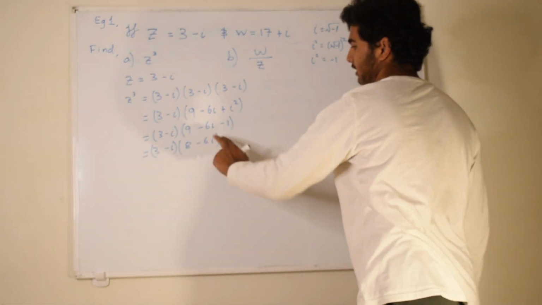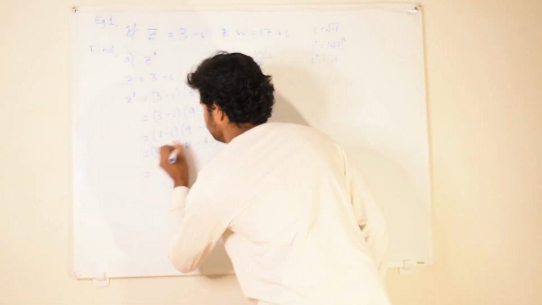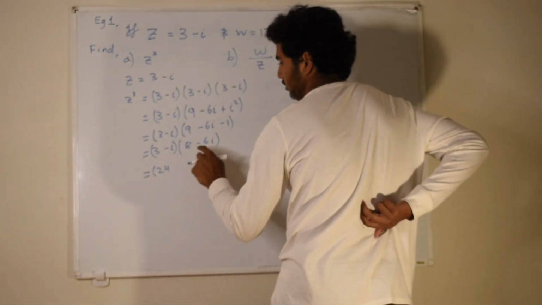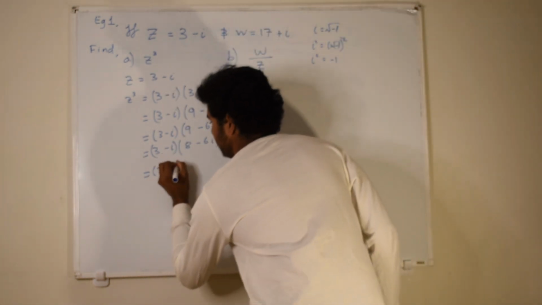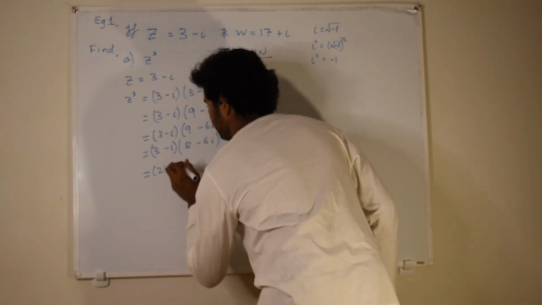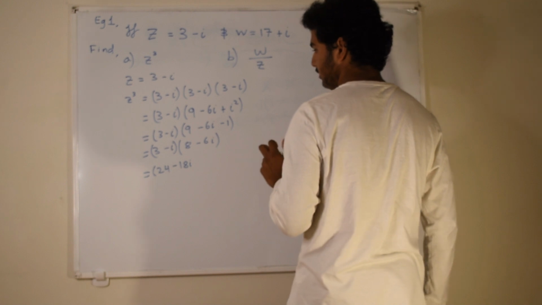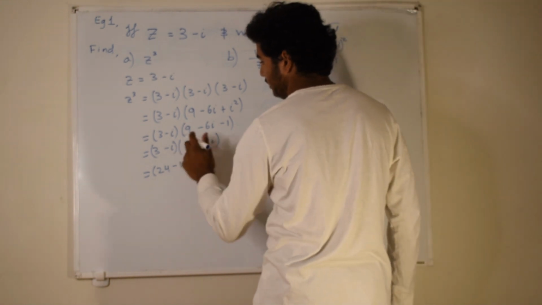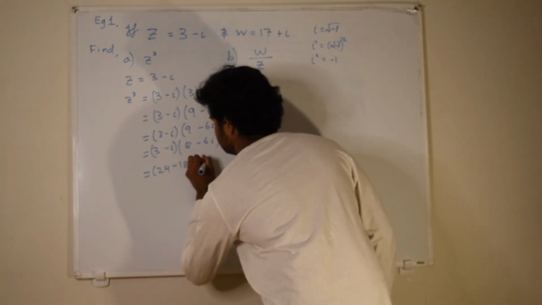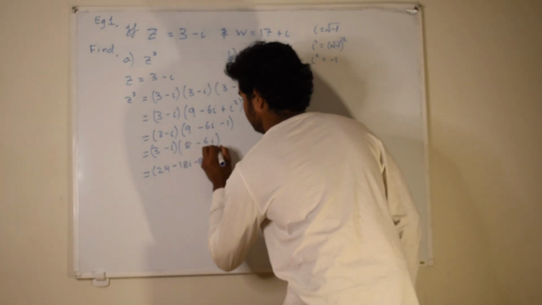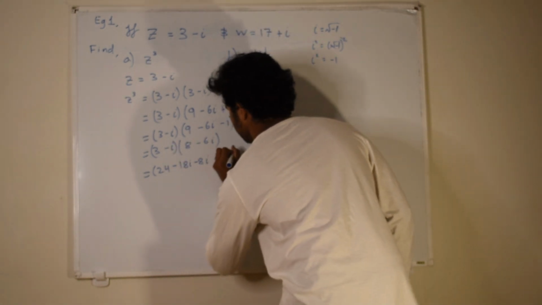Now we just do the same thing again. So we go 8 times 3, 24. 6 times 3, minus 18i. And then we go again, minus 8i, and then plus 6i squared.